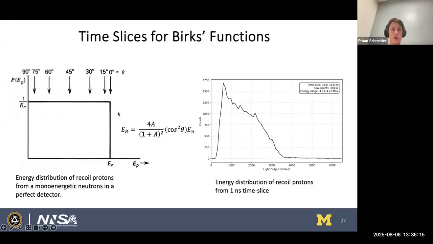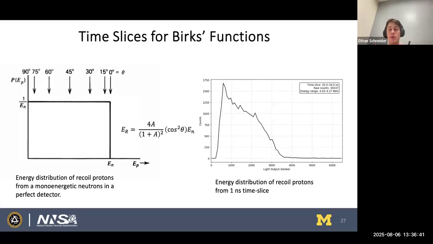So the distribution that we expect to see is this square distribution based upon our neutron recoil energy. So we have maximum energy deposition and we have a variation just due to different scatters neutrons can take within our system. For a single scatter in a perfect detector with no resolution, we expect to see this distribution here.